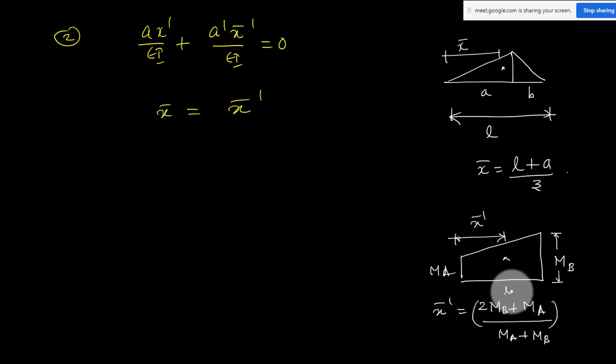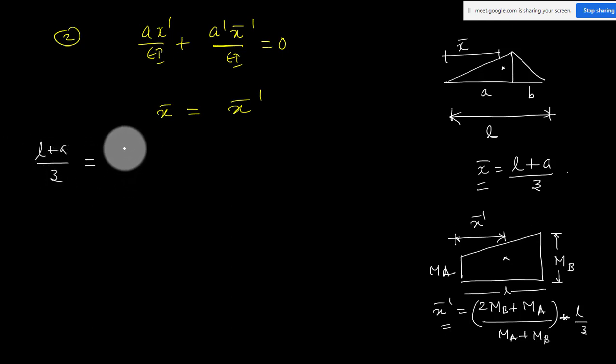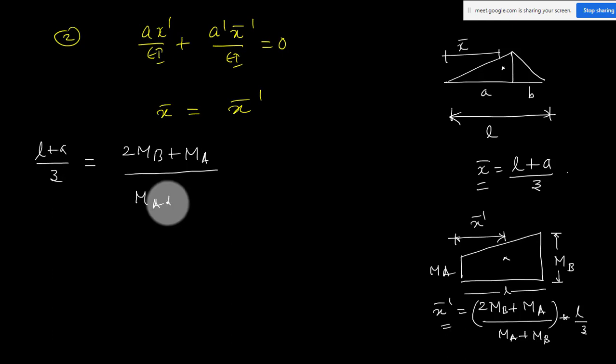The base is L, so into L by 3. That is the direct CG formula I am using to save some time. So L plus A by 3 should be equal to 2 MB plus MA divided by MA plus MB, into L by 3.